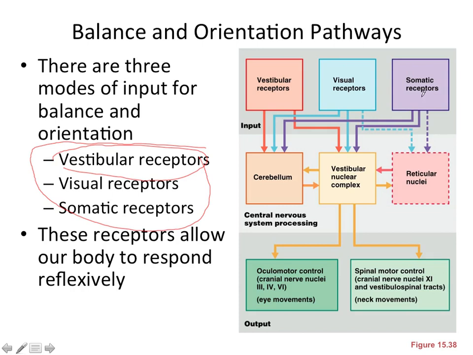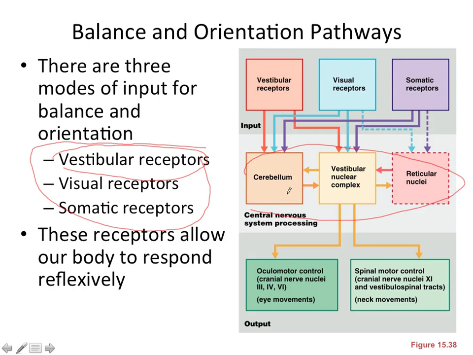The somatic receptors also send information to the reticular nucleus. The reticular nucleus's function is to let all the nuclei in our brain communicate. So this is called the central nervous system process.